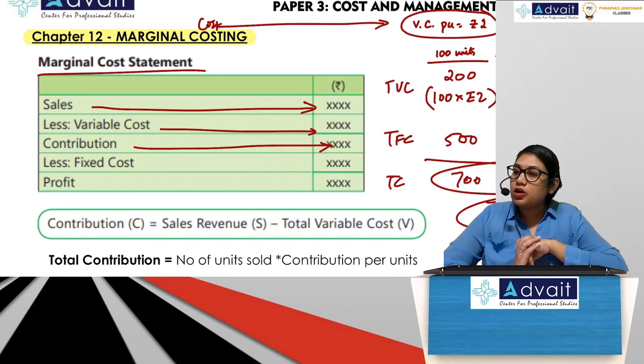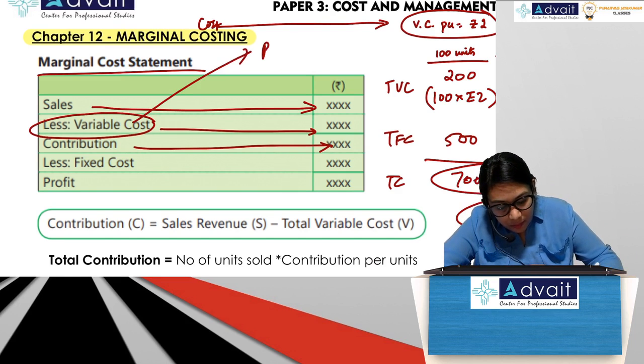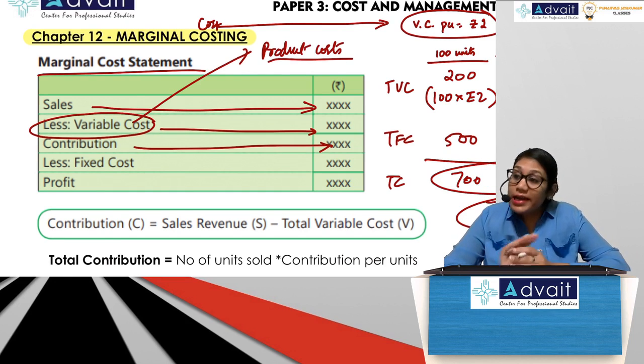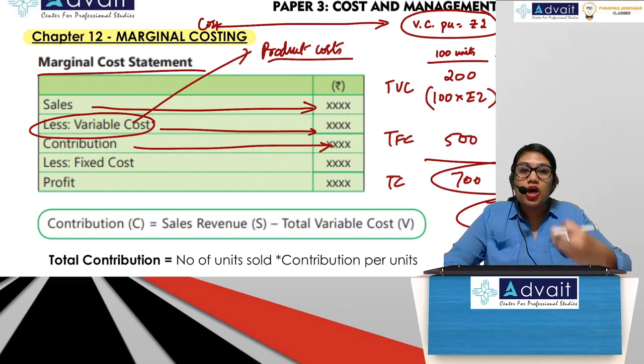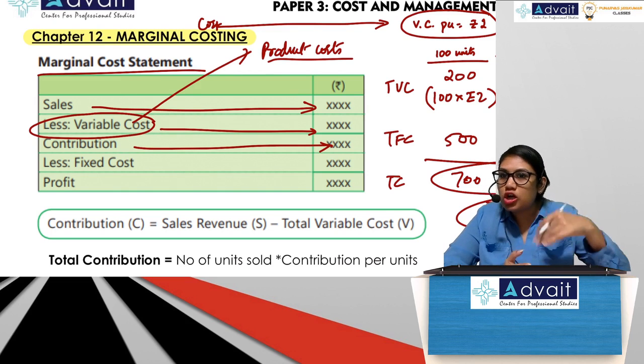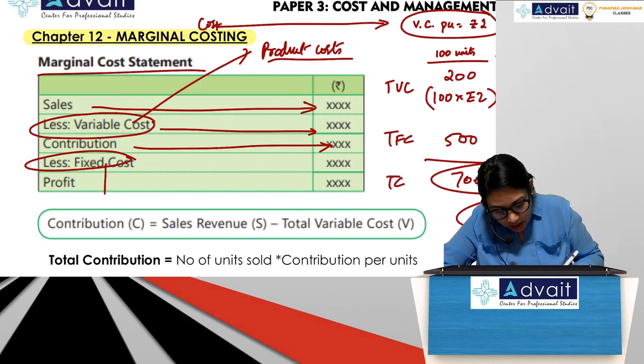So in marginal costing, variable costs are product costs, which means only variable costs are charged to the products. What about fixed costs? Are fixed costs charged to the products? No. Fixed costs are not charged to the products. Fixed costs are period costs.